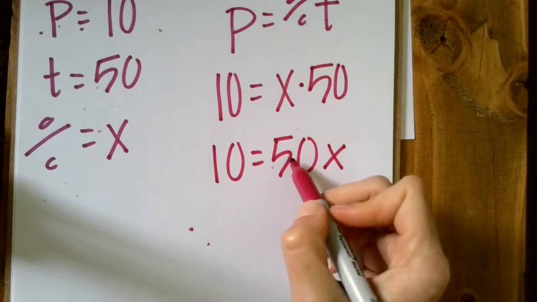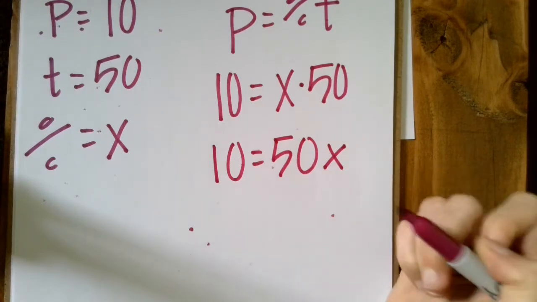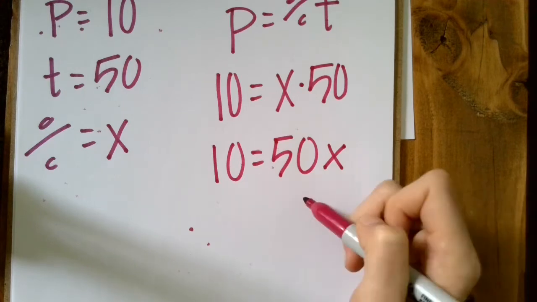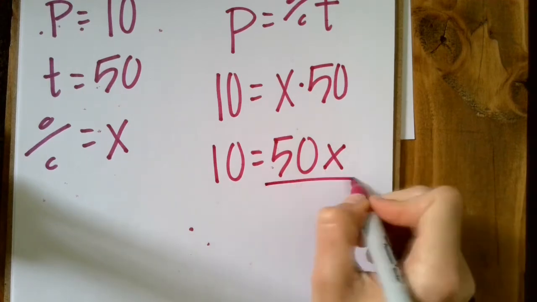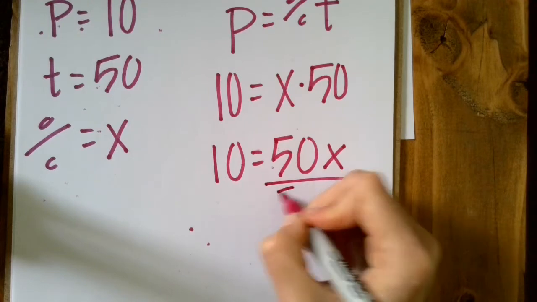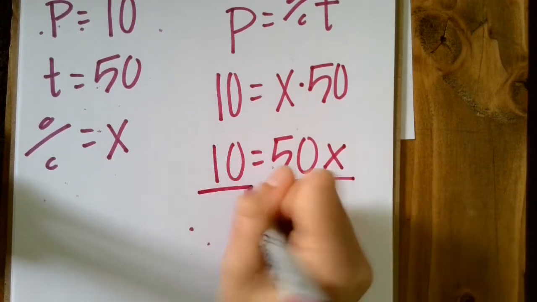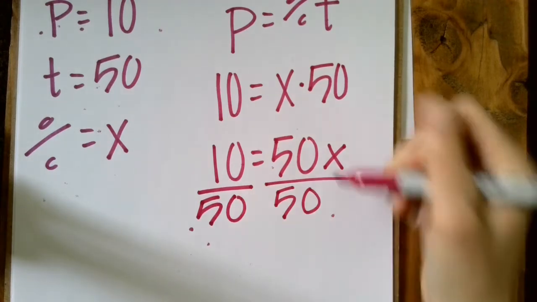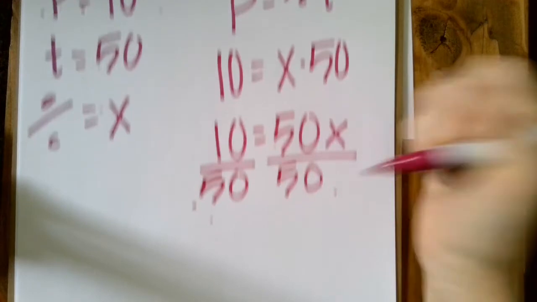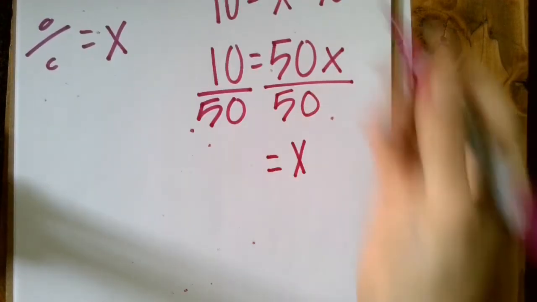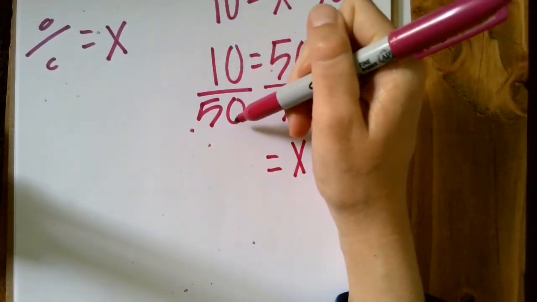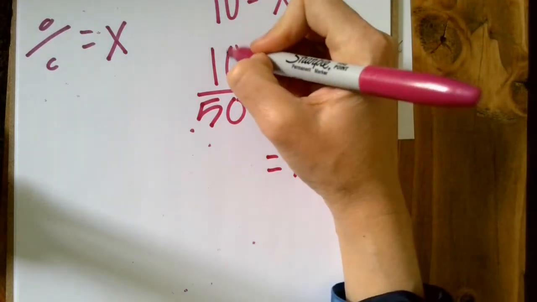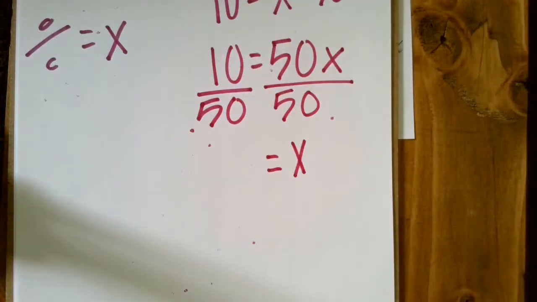Whenever I have a number right next to a variable, that means I'm multiplying. So the opposite or the inverse of multiplication is division. Because 50x divided by 50 leaves us with just x, and then 10 divided by 50, I'm going to simplify by dividing both by 10. Anytime I divide a number by 10, the decimal is going to move one place to the left.